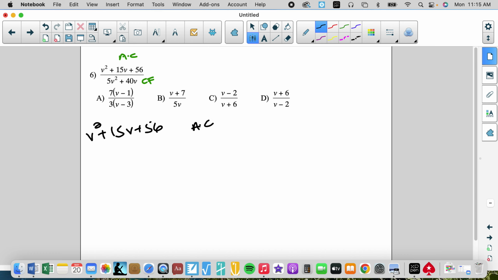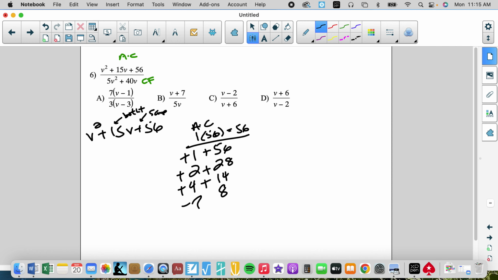We do A times C. My A is 1, my C is 56. 1 and 56, 2 and 28, 3, no, 4, yes, 4 and 14, 5, no, 6, no, 7, no, 8, yes, 7 and 8, sorry. 7 and 8, signs are the same, both positive. My middle is equal to 15.